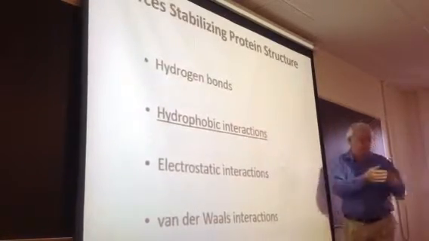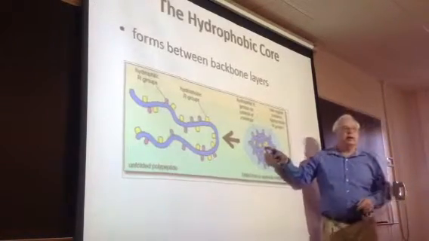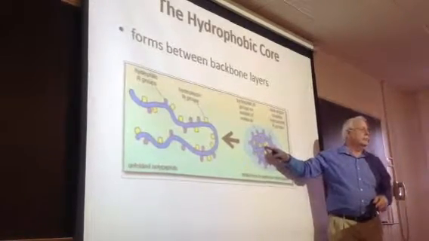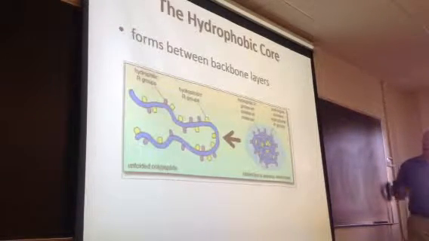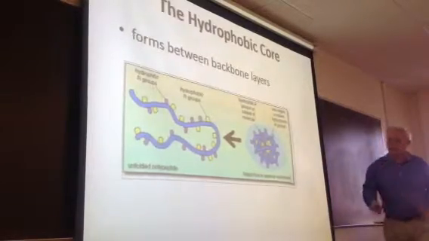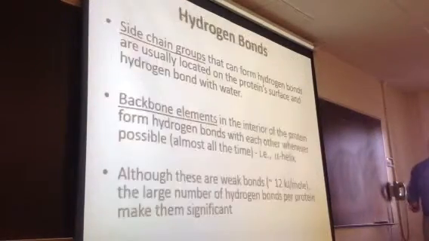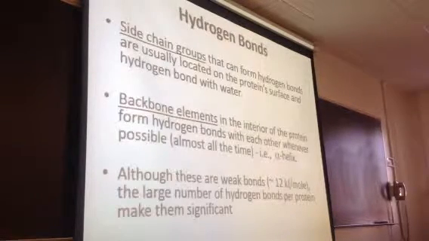It's held together by this tendency to bury hydrophobic groups. The actual shapes, whether or not this is a helix or not, hydrogen bonds play a big role in that, but the hydrophobic effect is the principal driver of tertiary structure.